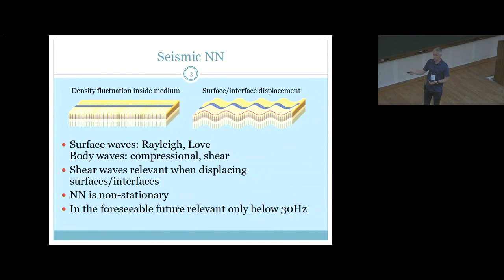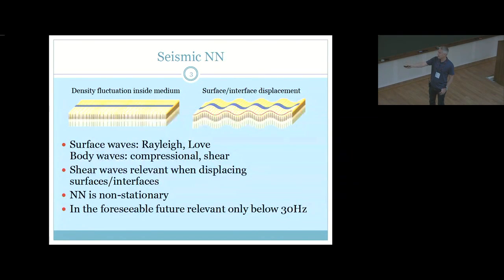Any of this can produce a density change, and that is associated with a gravity change. In the end, the surface displacement near the test masses is really what produces the dominant Newtonian noise, for example, in Advanced LIGO.